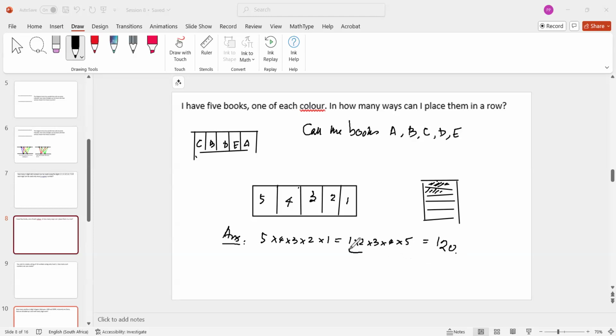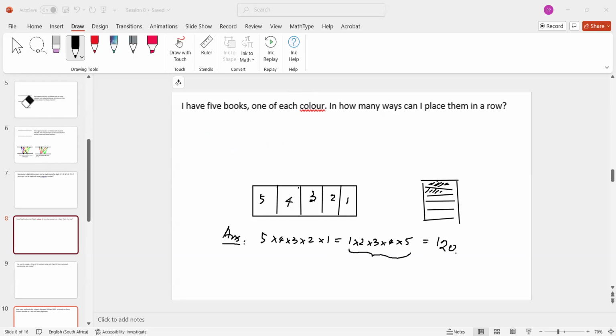Now, let me just pause here for the moment. This number here is very important. It's a product of all the numbers from 1 to 5. And we have a symbol for that. When you multiply all the numbers starting from 1, and the answer to this problem is 120, by the way. Okay.